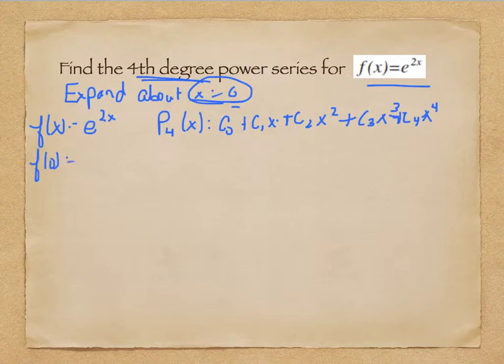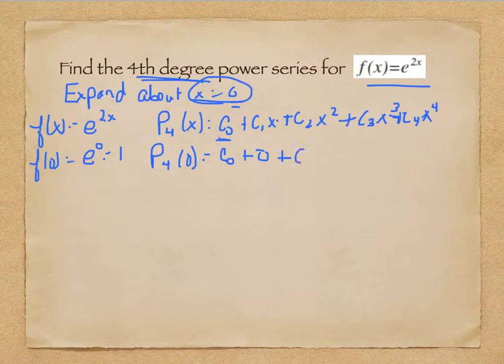So f of 0 is going to be e to the 0, which would just be 1. And p4 of 0, I'm going to put 0 in for all the x's, is going to give me c sub 0 plus, well, c1 x, if x is 0, would just be 0. c2 x squared would be 0. c3 x cubed would be 0, and c4 x to the fourth would be 0. So if these two are equivalent, I should be able to set f of 0, which was 1, equal to p4 of 0, which was c sub 0. And I now know c sub 0 is 1.